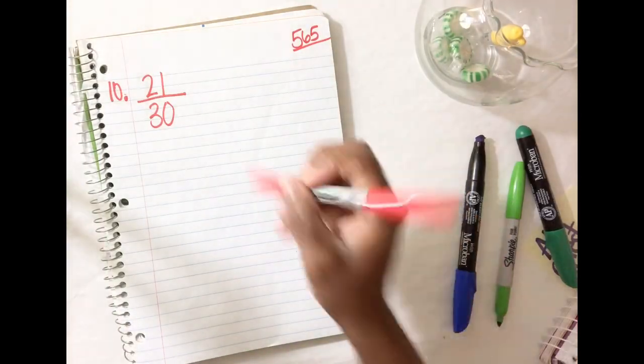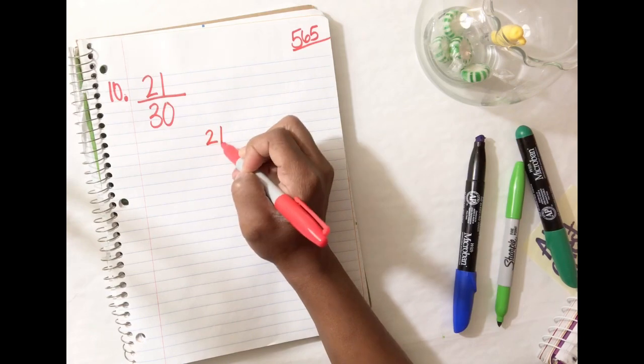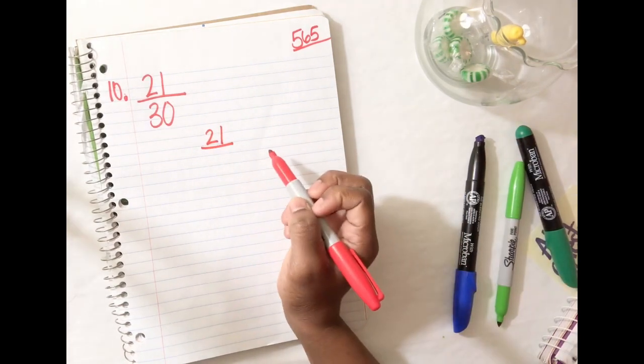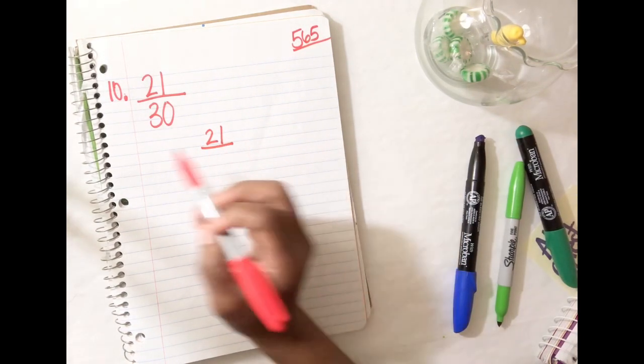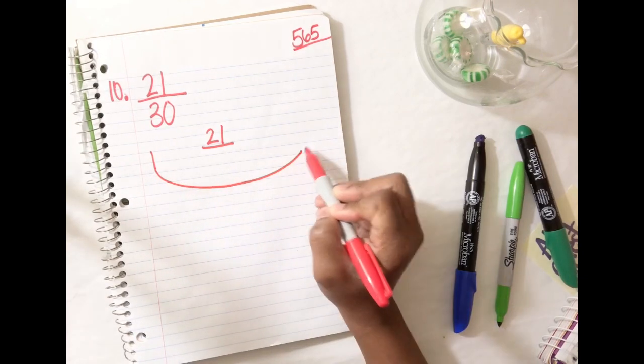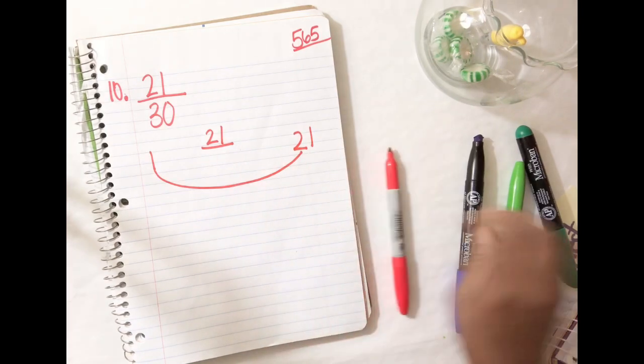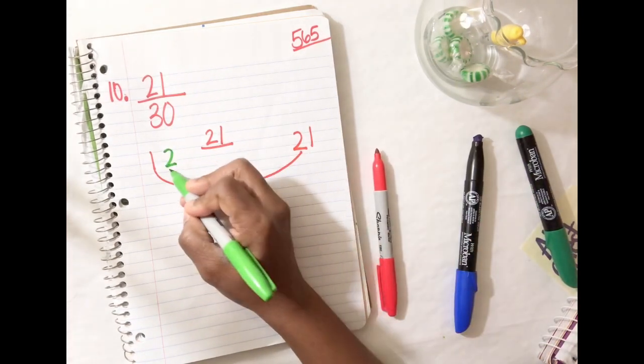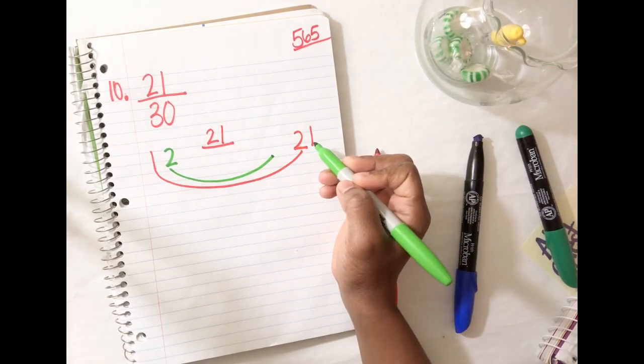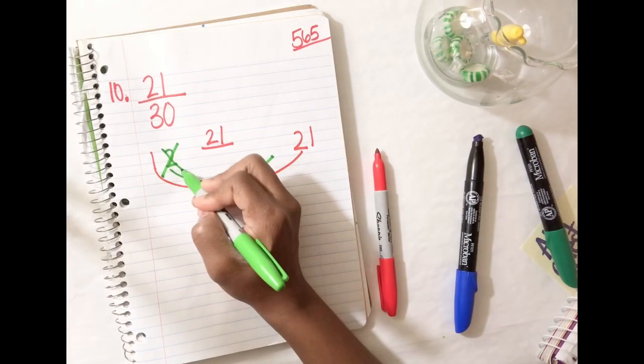Let's start by finding the greatest common factor for 21 using a factor rainbow. What number times 1 gets me to 21? 21. What number times 2 gets me to 21? Anything? Nope, nothing times 2.